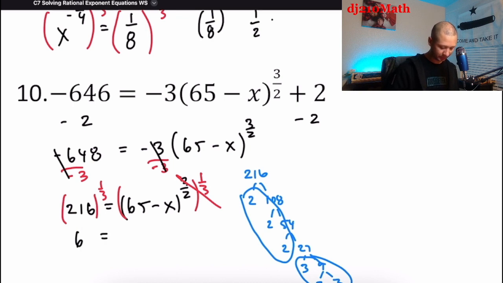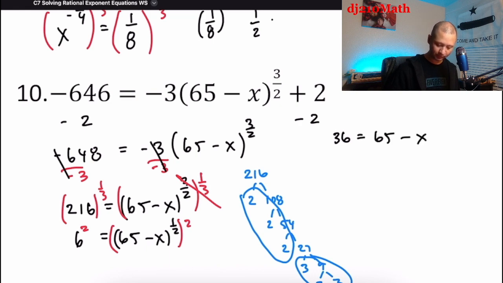So this is going to be 6 is equal to 65 minus x to the 1/2 power. Square both sides. We're going to get 36 is equal to 65 minus x.